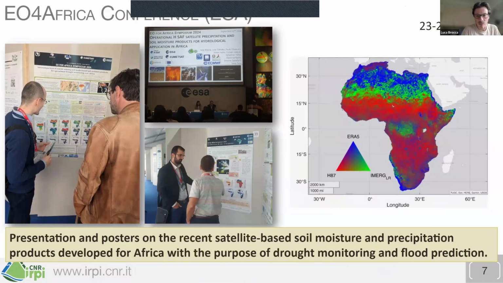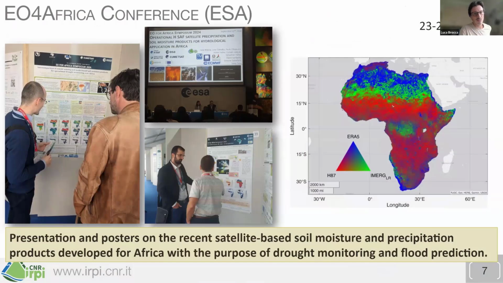Our group made some advances in using satellite observations of soil moisture and precipitation for both drought monitoring and flood prediction. For instance, the map on the right shows an indication of the best product that might be considered in Africa in terms of data quality. At the poster, we also presented some tools for drought monitoring in Africa and also for flood prediction. Next slide.